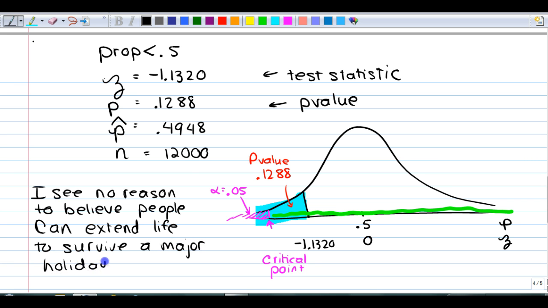That's my decision. We failed to reject the null hypothesis.